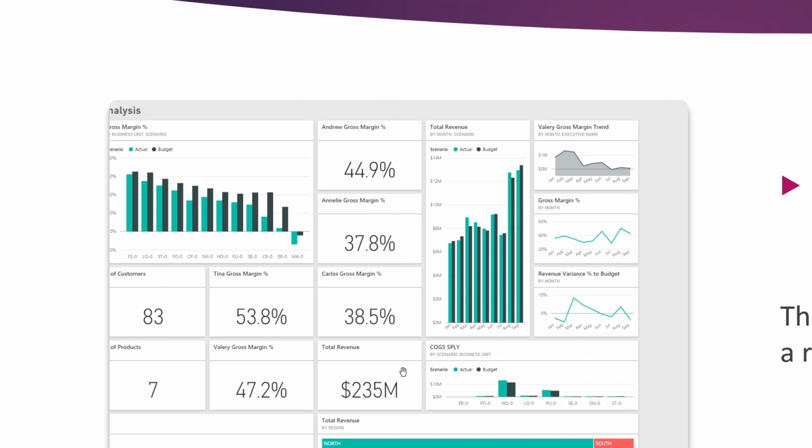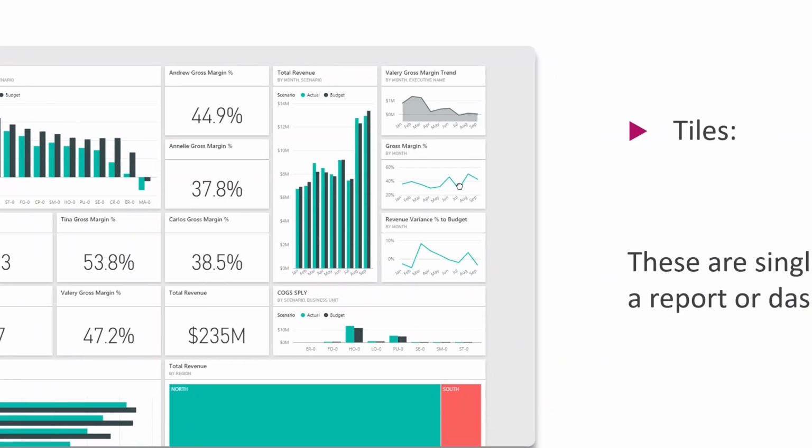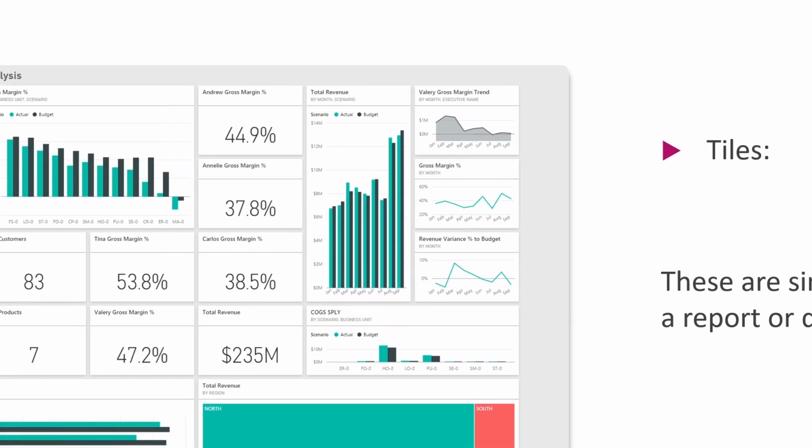Then we have total revenue, 235 million. Then we have COGS, and we have revenue variance percentage to budget. So these are cards, tiles, which represent KPIs, key performance indicators.